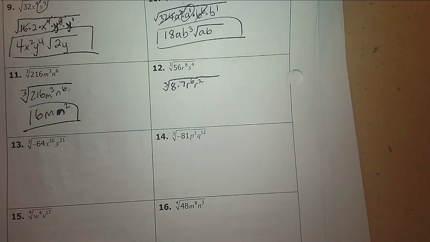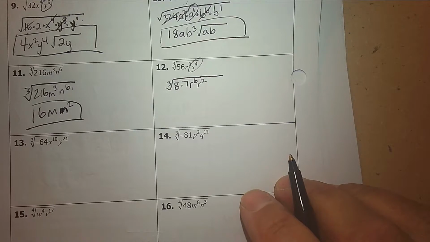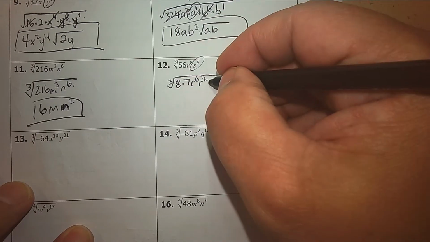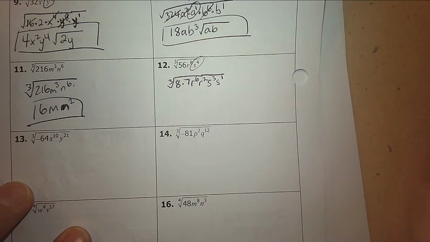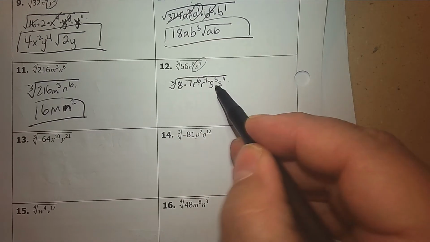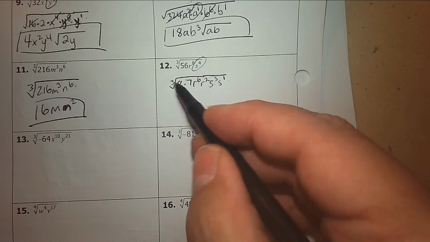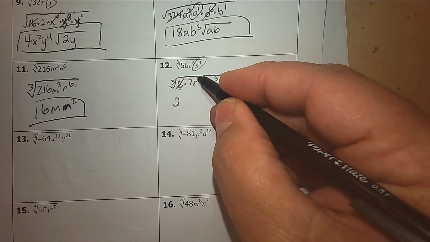You guys are squirrely. The next one, 4. Does 3 go into 4 evenly? So what's the multiple of 3 that's close to 4? And then what's left to add up to 4? Notice these exponents have to add up to what they were before. So the cube root of 8 is 2. The cube root means you divide.